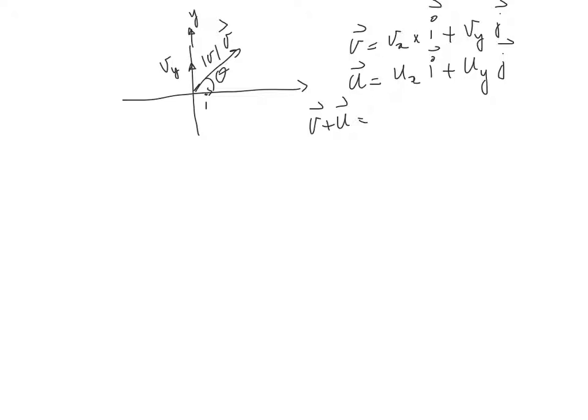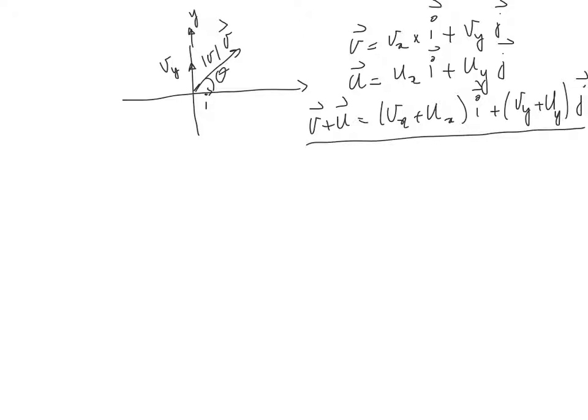This means that the addition of vectors v and u is going to give us (v sub x plus u sub x) times the unit vector i plus (v sub y plus u sub y) times the unit vector j. This is going to give us the vector v plus u.